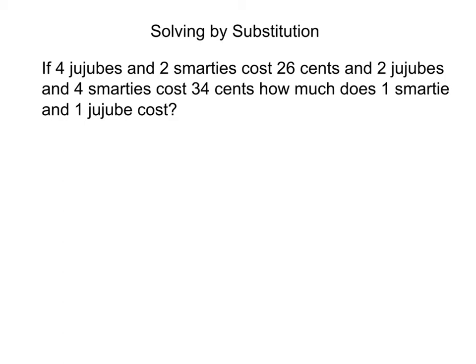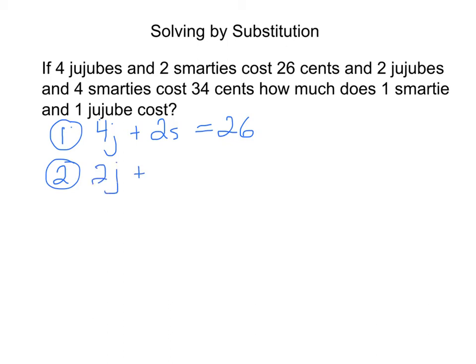With my first bit of information, I generate my first equation: 4 jujubes plus 2 Smarties equals 26. My second equation: I have 2 jujubes and 4 Smarties, and they cost 34 cents.